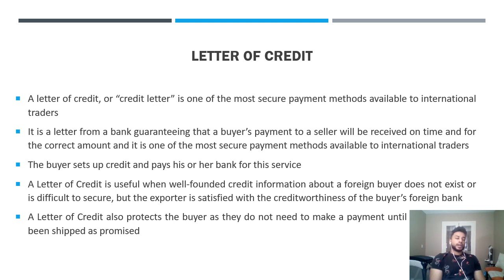That's the only time that the bank will look at all the documents, get signatures from both saying yes, it's completed. Then it would release the money. Okay, so that's letter of credit.